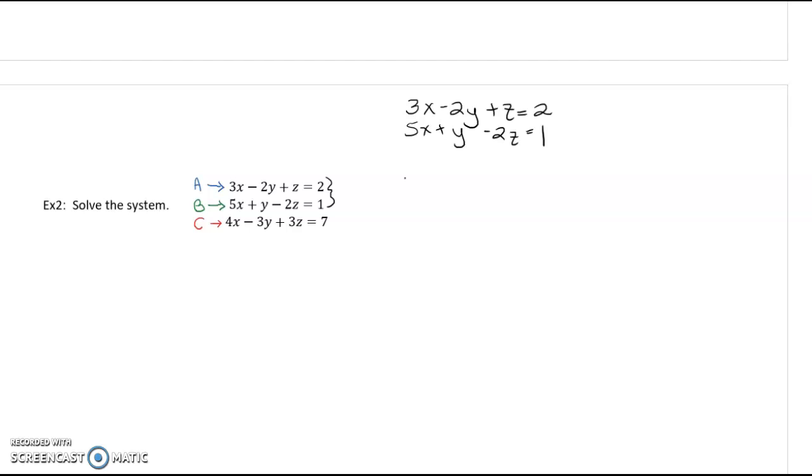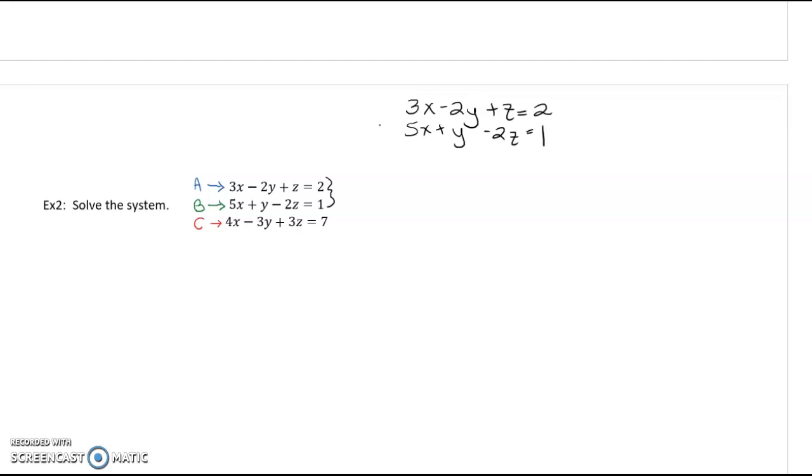And so you can choose the x's, the y's, or the z's. If you notice, the y's and the z's are a little bit easier to eliminate. If I multiply the top equation by 2, I can eliminate the z's. If I multiply the bottom equation by 2, I can eliminate the y's.